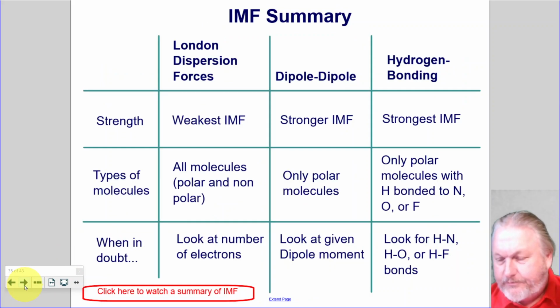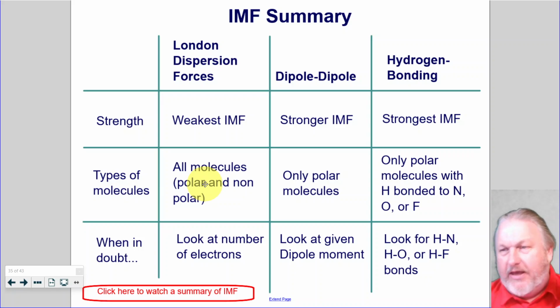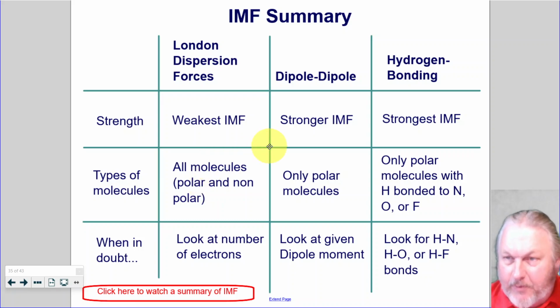So a summary of our three IMFs. We have LDFs, which are the weakest IMF. Dipole-dipole is stronger, and then of course hydrogen bonding is the strongest IMF. So what types of molecules? LDFs are in all molecules, even the ones with hydrogen bonding. Dipole-dipole, only polar molecules.